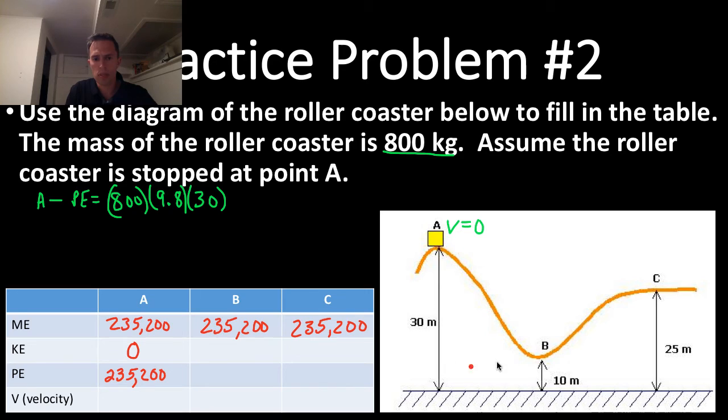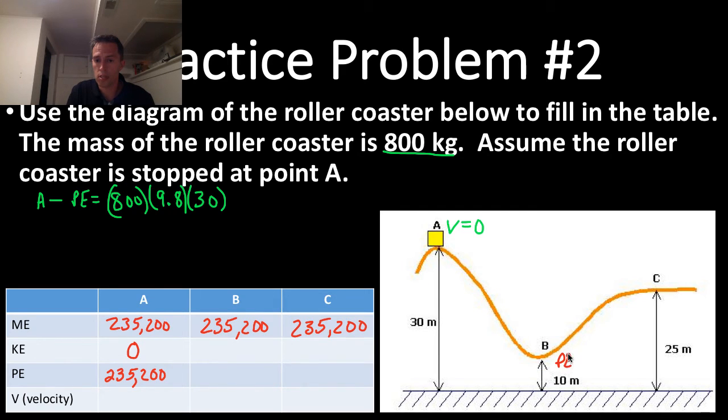All right, so let's go to position B. If we look at position B real fast, it's got some potential energy because it's got a height. But as you imagine, as this roller coaster comes down, it's going to pick up a lot of speed. So it's going to have a lot of kinetic energy as well. So at B, it's got kinetic as well as potential. But I always think that the easiest place to start is potential energy.